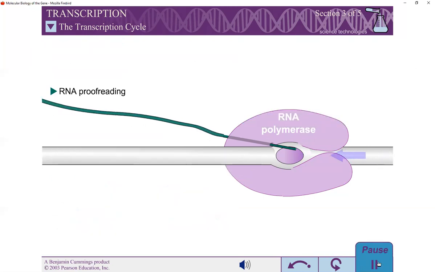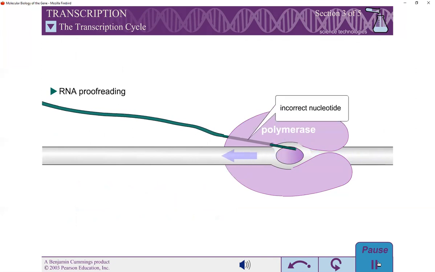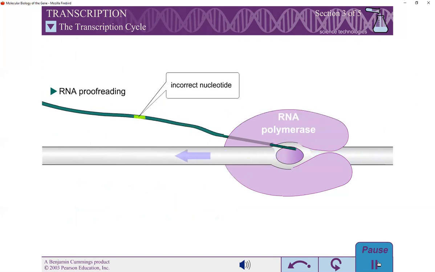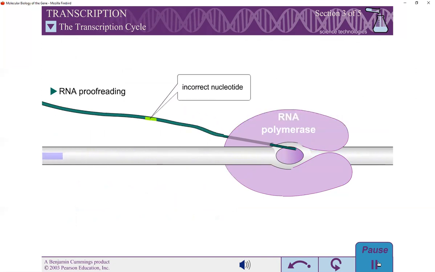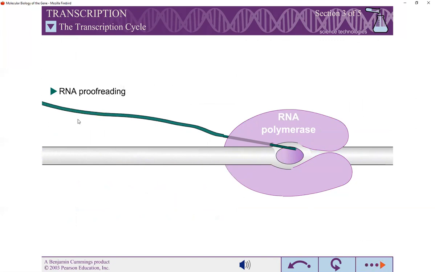The proofreading activity of RNA polymerase is less efficient than that of DNA polymerase. While the proofreading activity of DNA polymerase only allows about one mistake per 10 million nucleotides, the proofreading activity of RNA polymerase allows about one mistake per 10,000 nucleotides. Now, both DNA polymerase and RNA polymerase have different types of proofreading activity.